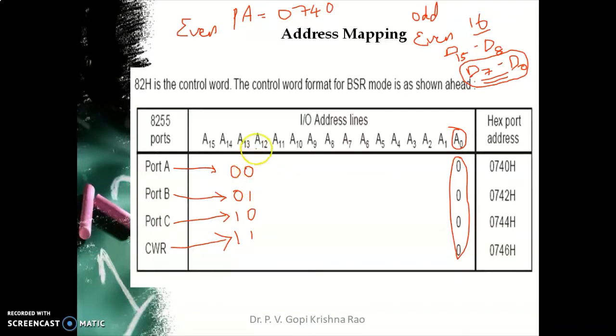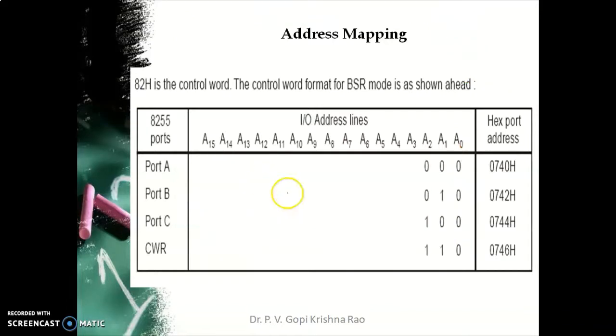So we have to keep this in mind. When you form a complete address, these structures will define whether you are using port A, port B, port C or the control word register.